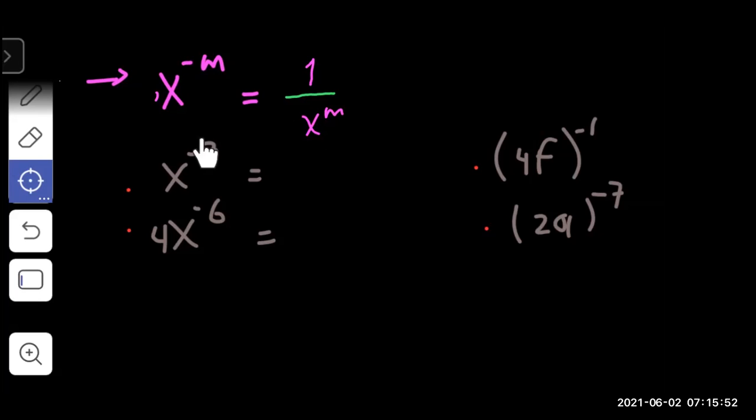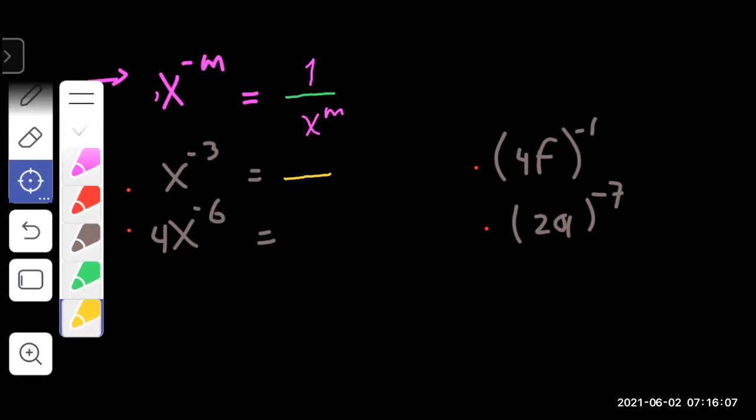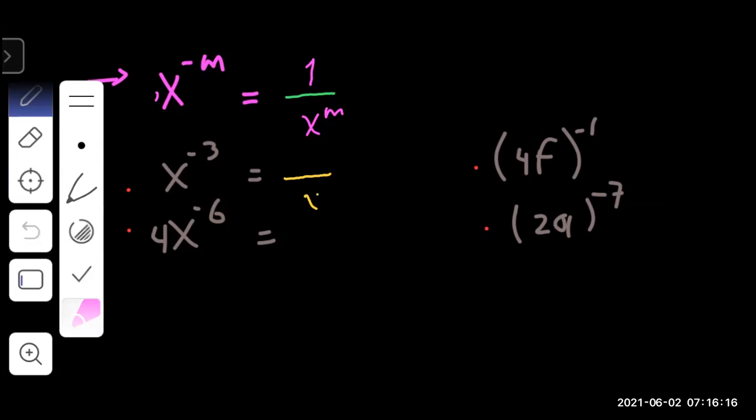Let's have a look at some examples. Let's suppose that you have x raised to the -3. You say, no, no, no, this is not okay. So how do I fix that? You're going to say, okay, this -3, since it is negative, I'm going to put it in the denominator, and then it's going to be positive. x cubed, now positive, take a look.